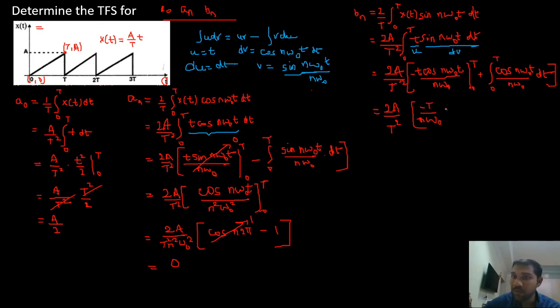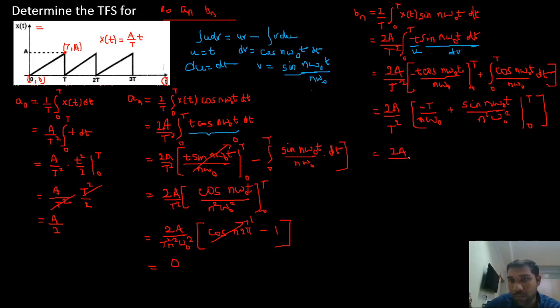Plus the integral of cos is sine n omega naught t divided by n square omega naught square, limits 0 to T.